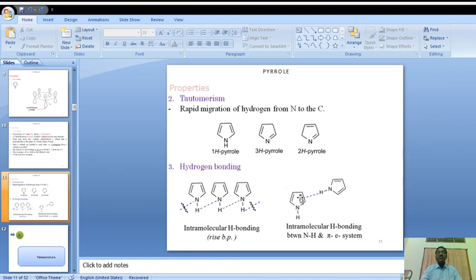The pi electrons are here, with partial attraction to the hydrogen. Here is another type of hydrogen bonding. This is another physical property of pyrrole. Tomorrow we'll discuss another topic. Okay.